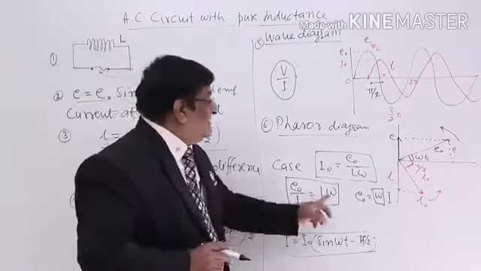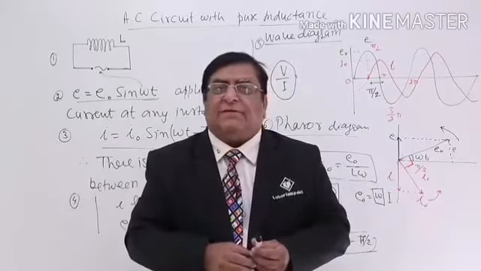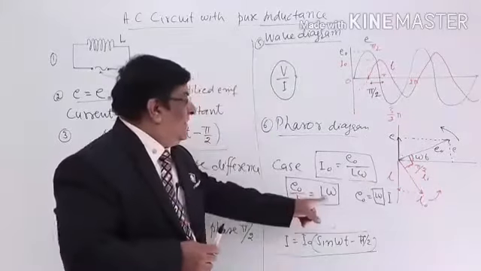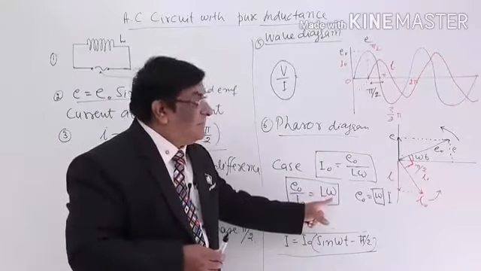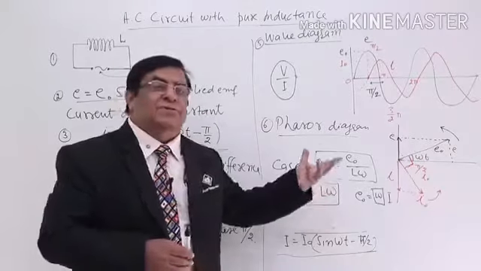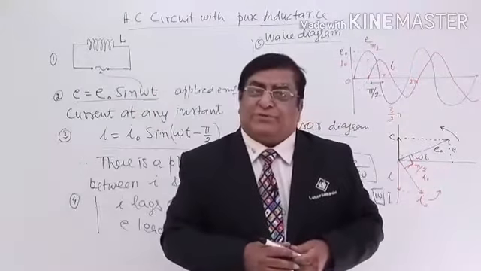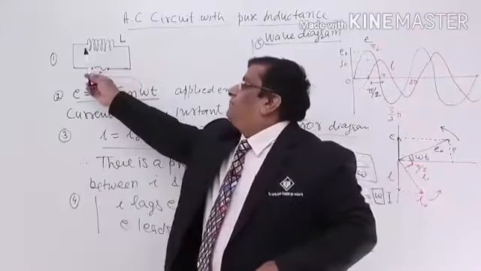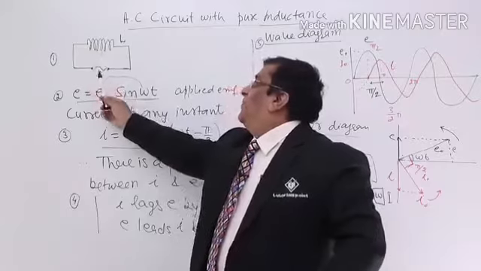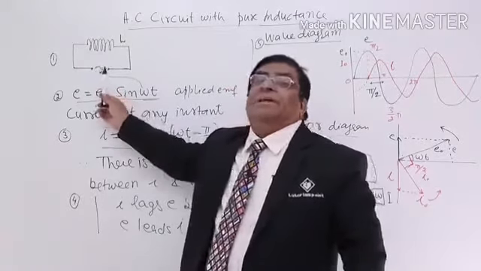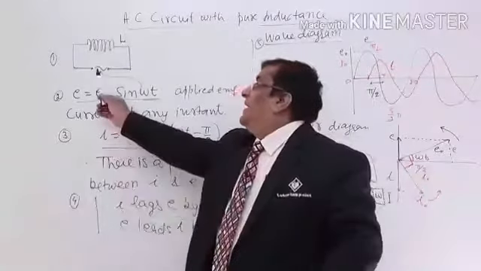If the frequency of the applied EMF is very small, then opposition is different. If it is a very large frequency, opposition is different. It will increase. So this opposition is created which depends upon the frequency of the application.